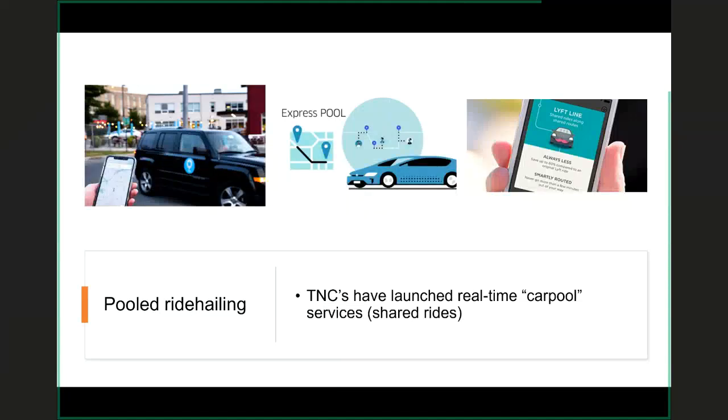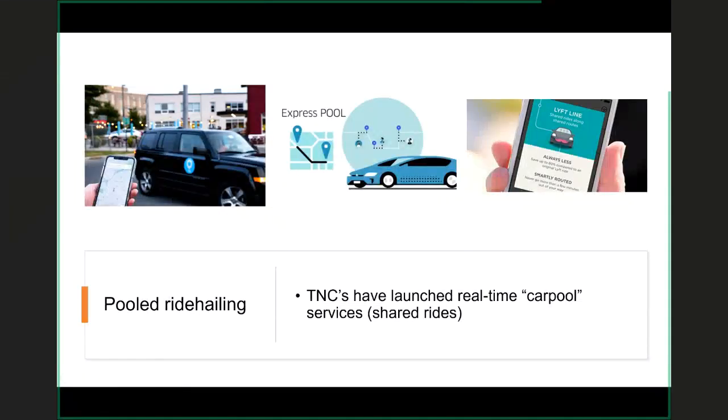The paper itself uses a model of pooled ride hailing, and by that I mean if you live in a larger city, we don't have it here in Champaign-Urbana, but you have these new pooled options for the big TNCs. So there's UberPool, and then they in turn divide them into subcategories, such as Express Pool.